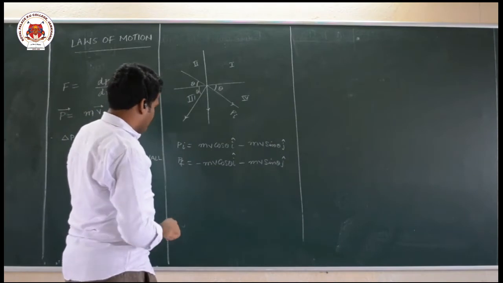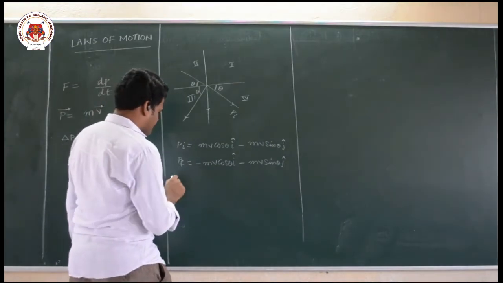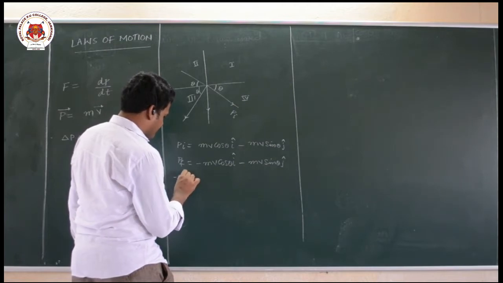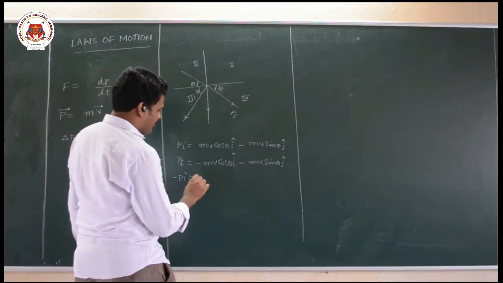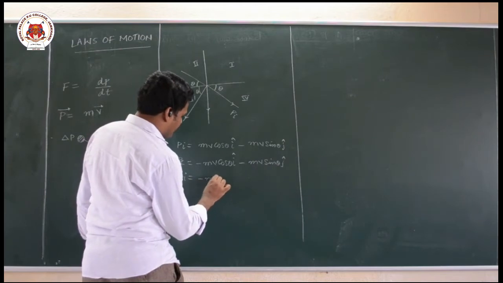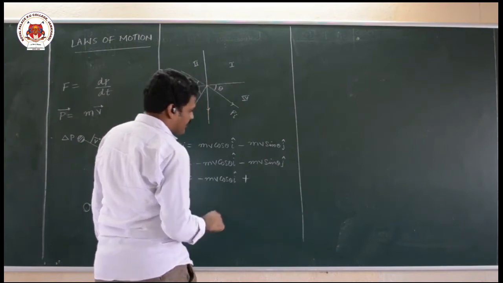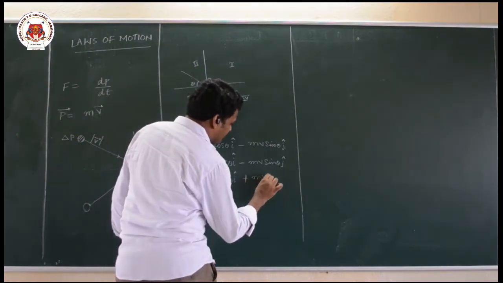Okay. Now find the change in momentum. Change in momentum is P final minus P initial. Minus P initial will be minus mv cos theta i plus mv sin theta j.